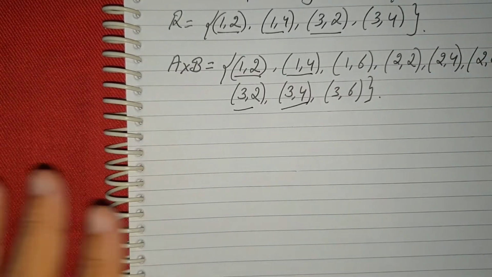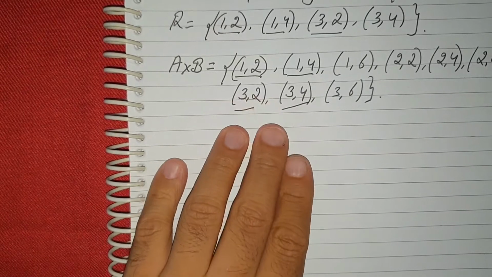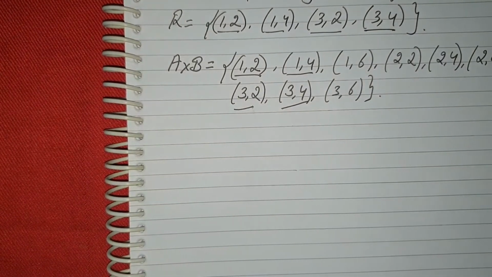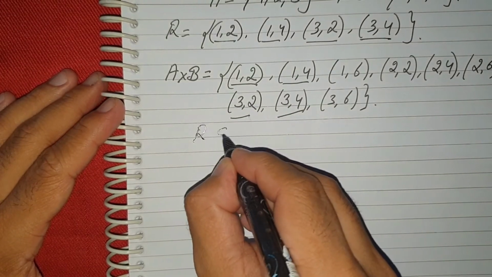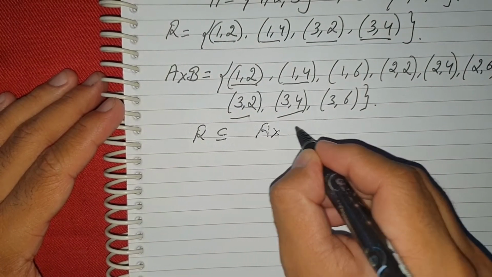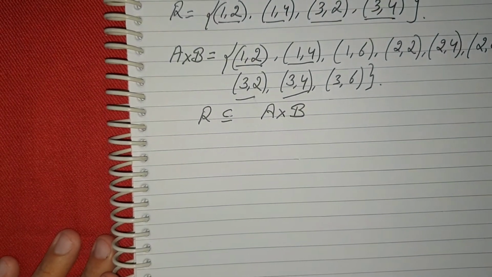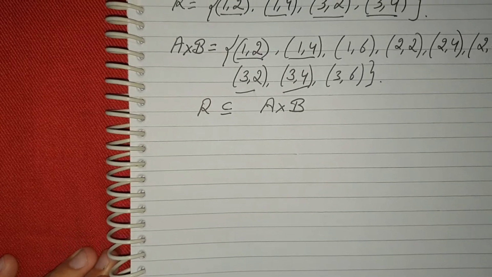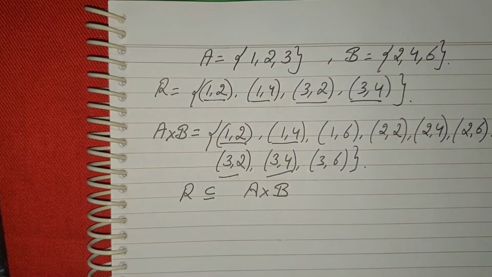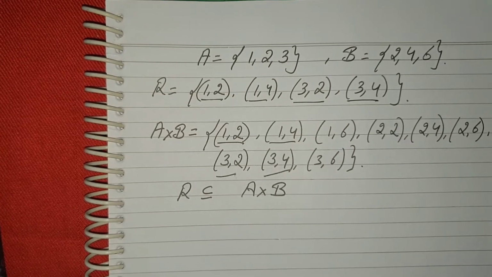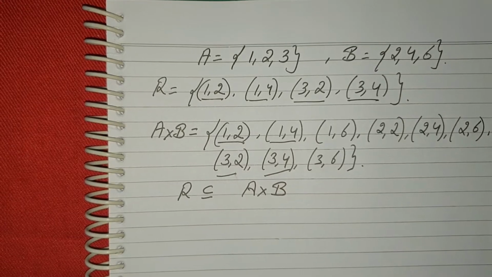So basically this set A cross B contains all the elements of set R. So R is a subset of A cross B. Hence by the definition, R is a relation from A to B.